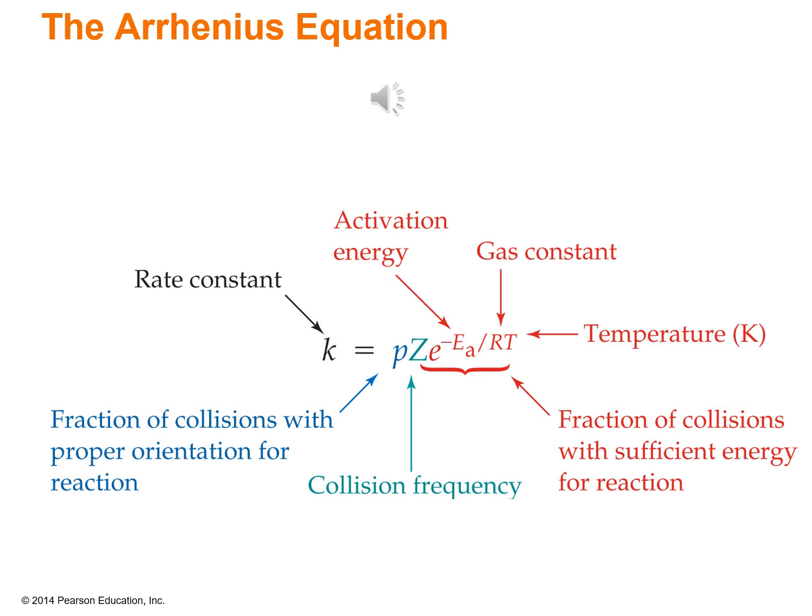We have E sub A as the activation energy, as we've seen before, R being the gas constant, and the temperature being expressed in Kelvin as capital T. And you have the fraction of collisions with sufficient energy for the reaction, showing it as we saw earlier. Again, you can look through this if you want to be able to deduce this formula. It's on page 471. This equation is called the Arrhenius equation, and it's named after Svante Arrhenius back in 1889.